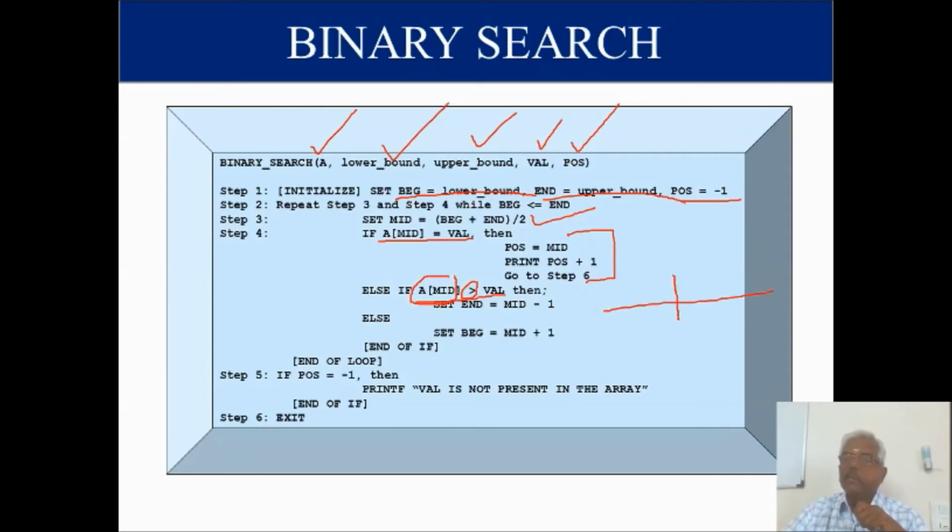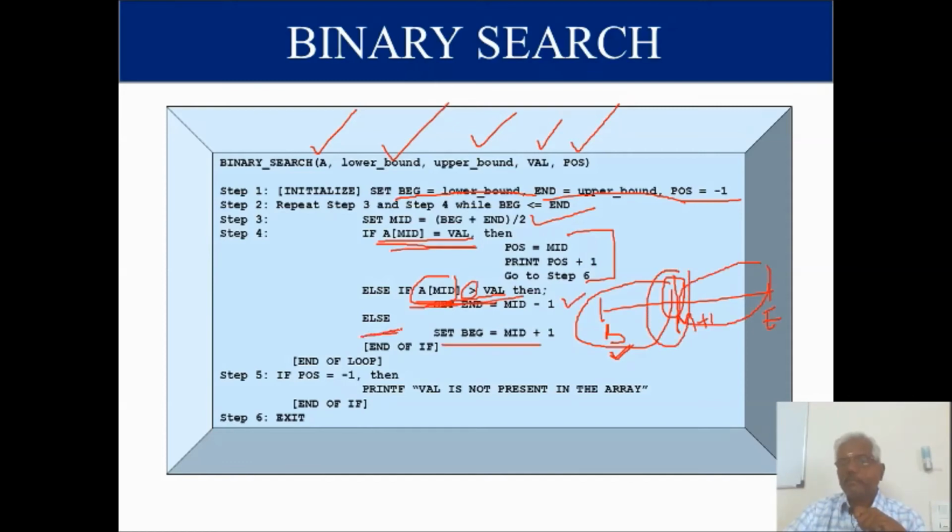In case my key value is lesser than the mid value, I go for the left segment. I already said this is my starting value, this is my end value, this is beginning, this is end. Each time I am calculating the mid position, I check with the mid value. If it is matched, this plus 1 is my answer. In the left segment there is no change in beginning, only end is going to be mid minus 1.